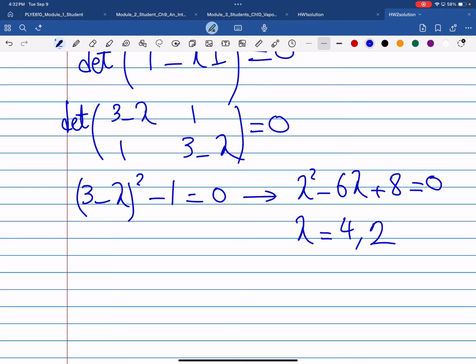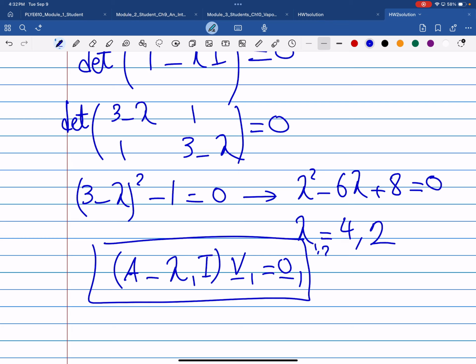If you want to calculate the eigenvector, A minus lambda 1 I, let's say this is lambda 1 and 2, multiplied by a vector is a vector 0, right?